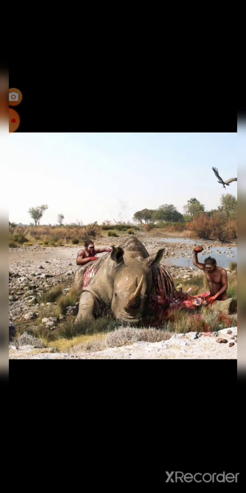Then what was the way? What was the method? They found a way to defend themselves from the attack of these animals, to drive away these animals.